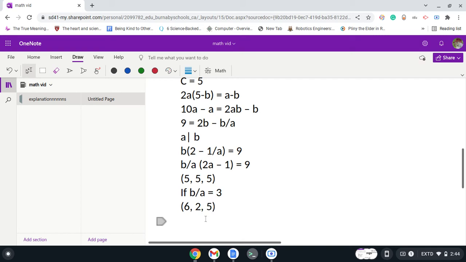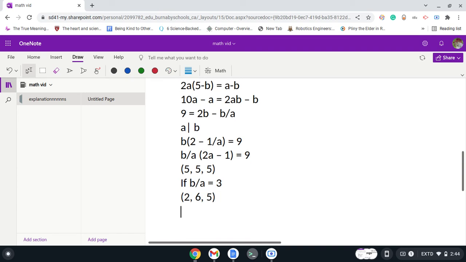Oh, wait, yeah, 2, 6, and 5, sorry. 2, 6, and 5 are also a solution.